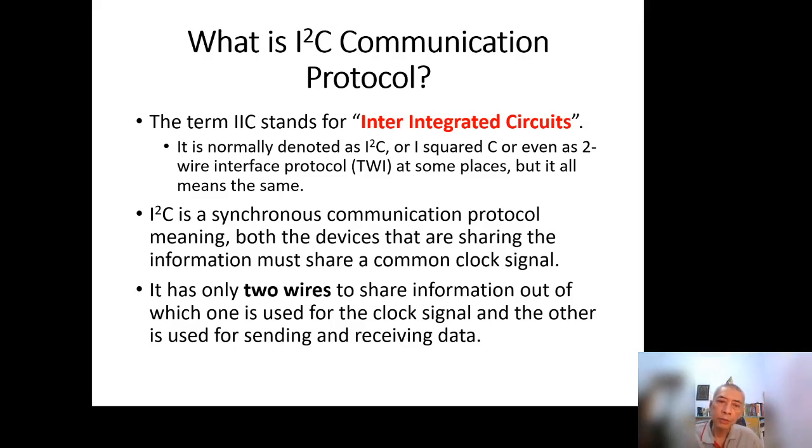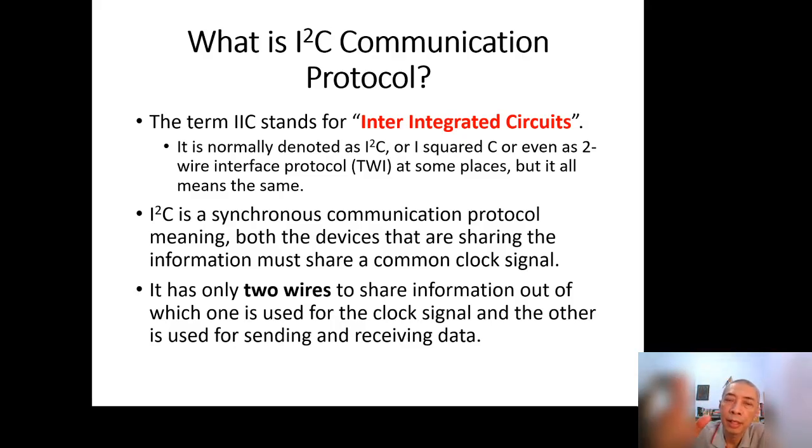So it has only two wires to share information, out of which one is used for the clock signal that I mentioned before, and the other is used for sending and receiving data. So this kind is half duplex, because they can send or they can receive the data, but not at the same time, because the devices using I2C have only one wire to send and to receive the data.